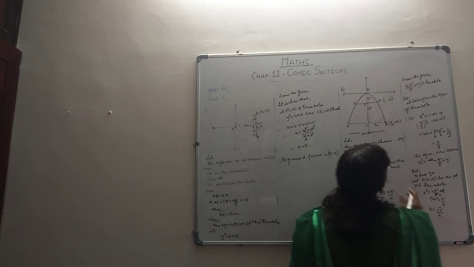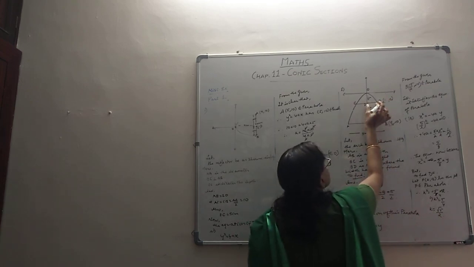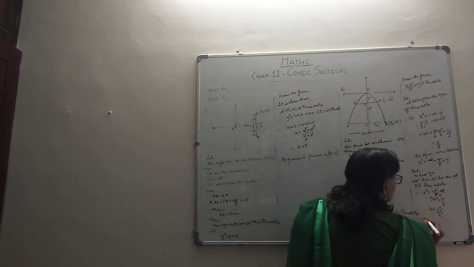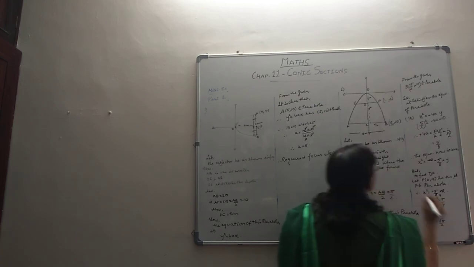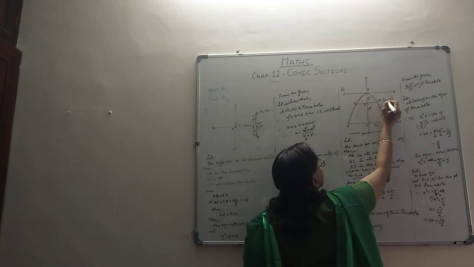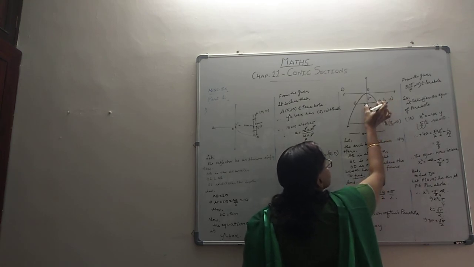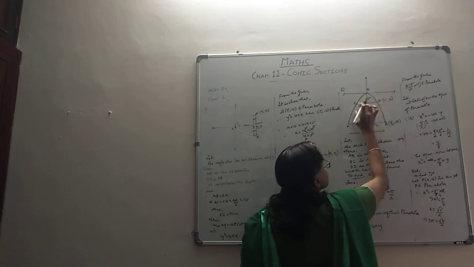So if k is root 5 by 2, this means that distance DF is root 5 by 2. I hope you understand. This coordinate, we've got it as root 5 by 2. The meaning of this coordinate is the x-axis distance. So that is root 5 by 2. And this EF is double of this because they are symmetric.